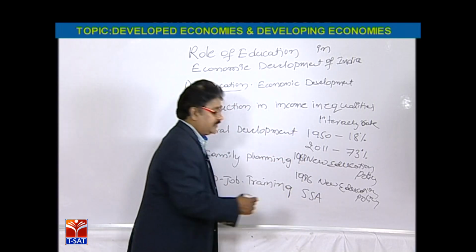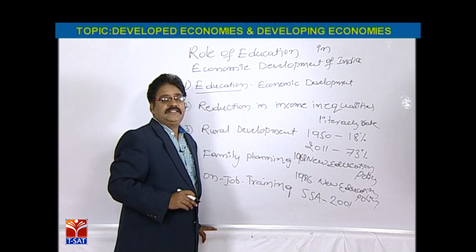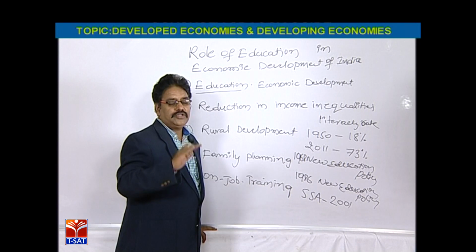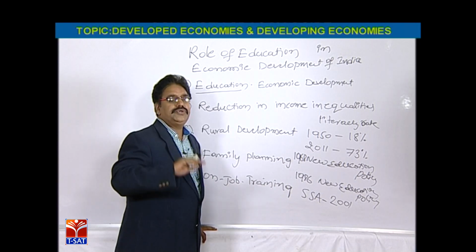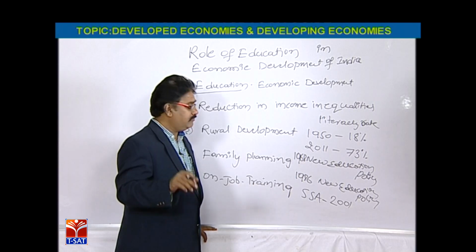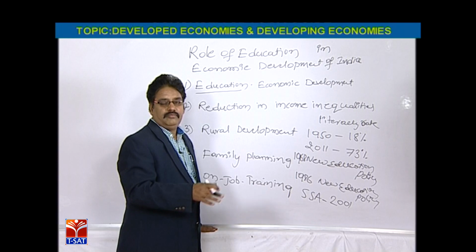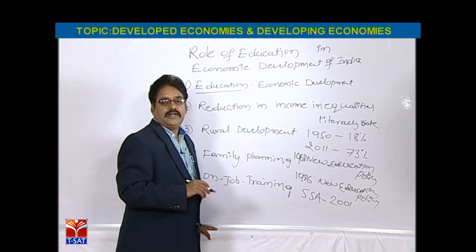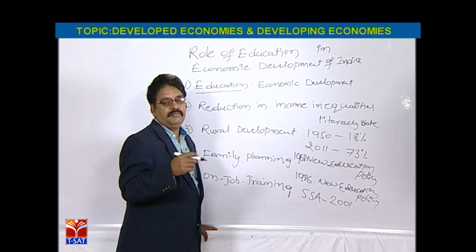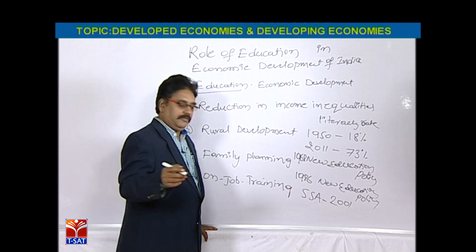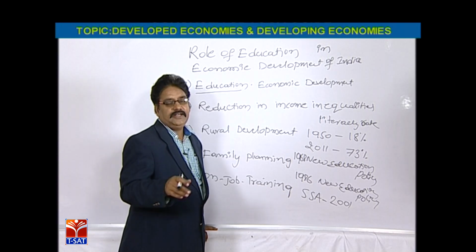And one more program, Sarva Shiksha Abhiyan, was issued in 2001. The aim of Sarva Shiksha Abhiyan is that by the end of 2010 we should give education to all. That program was modified into Rashtriya Madhyamika Vidya Mission, issued in 2009.